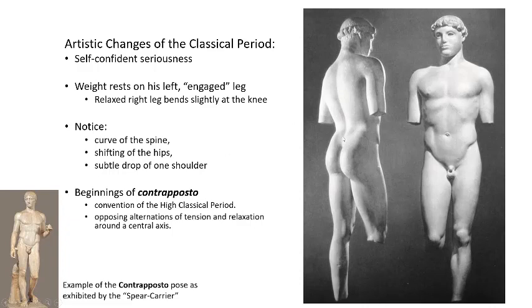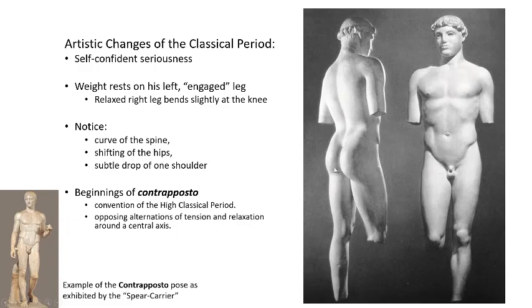We can see this curve of the spine, which accentuates this balance on the one leg, and his hips start to shift. The left buttock is lifting up, and the right one is far more relaxed. See the drop of the left shoulder, and the right one's a bit raised. So artists are studying the male form and trying to mimic it in art.